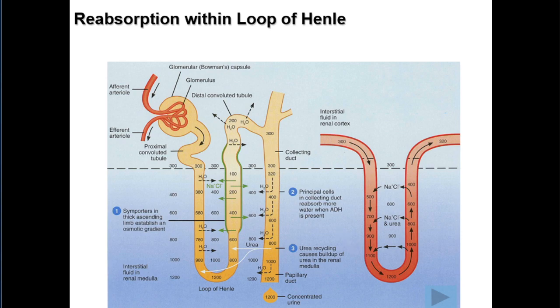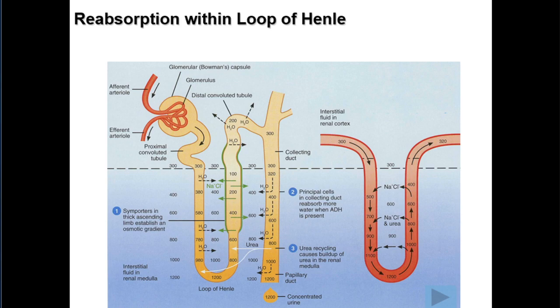We also have vasa recta. Vasa recta act as countercurrent exchanger because of its position. It is also U-shaped, as you can see, with descending limb, hairpin bend, and the ascending limb. And vasa recta runs in parallel to the loop of Henle, and its descending limb runs along with the ascending limb of the loop of Henle.